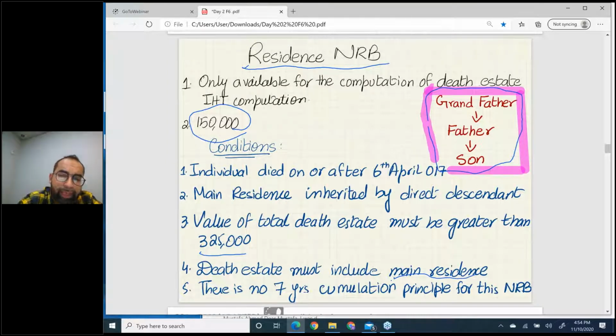And finally, one extra point, even though this is not written in the article, it is a mistake people make: there is no 7-year accumulation principle for this NRB. The 7-year accumulation principle is only applicable for the normal NRB, not for this NRB, my dear students.